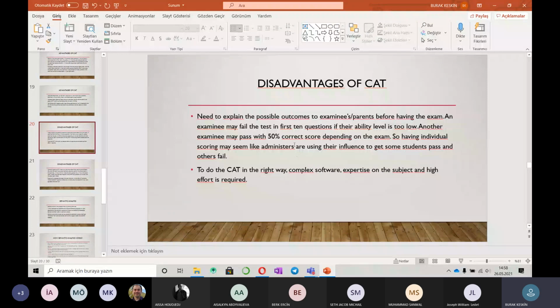We first need to explain the possible outcomes, and the examinee should enter the exam knowing that they may fail the first 10 questions, for example. But even if they succeed in the exam, which is the important part in CAT-based exams, the examinee can say, I have grade 50, I knew half of the questions. How is that possible? And complain about it. That's the main problem about CAT, actually.